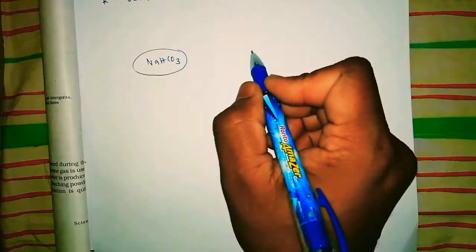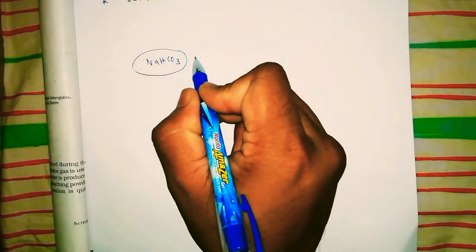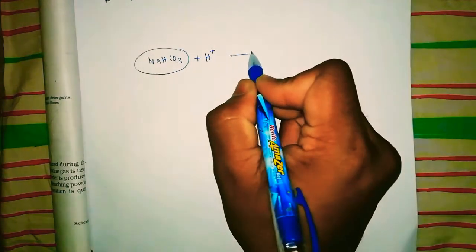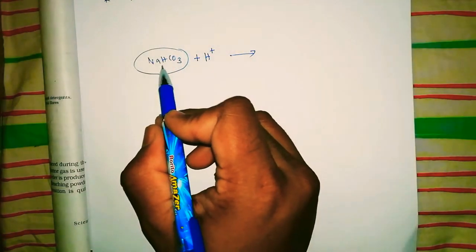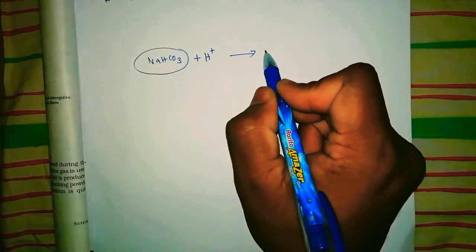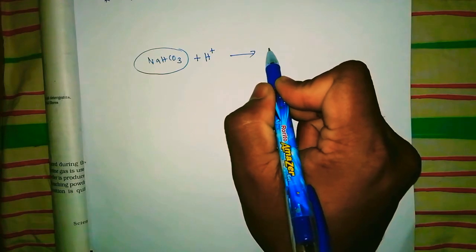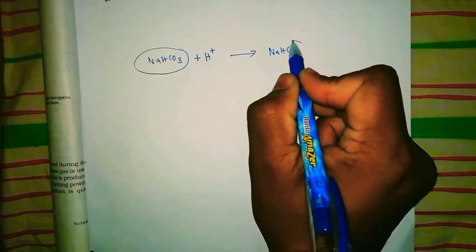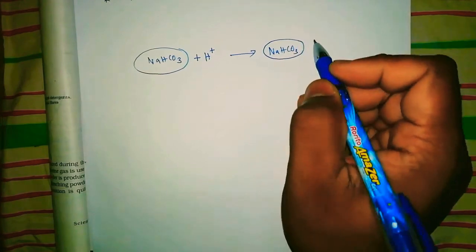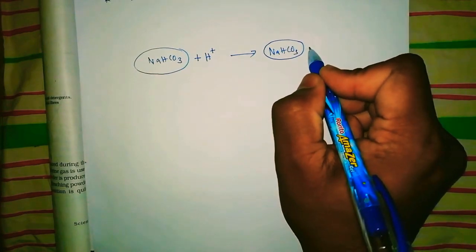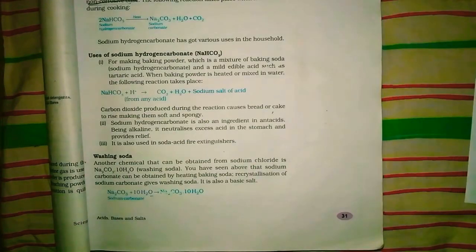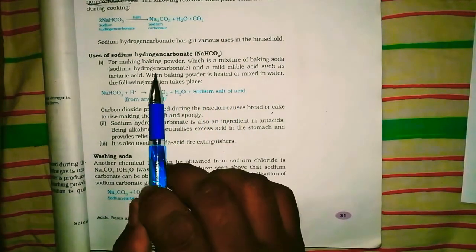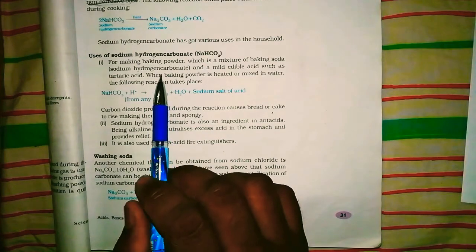Then what is baking powder? When we add an acid into it, we are going to get baking powder, NaHCO3, but with a little amount of acid in it. Let's see how this reaction takes place. First we'll read that, then we'll write the chemical equation.